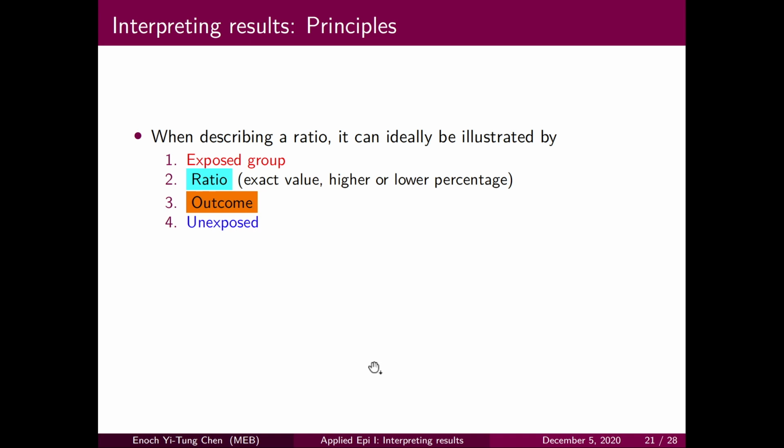I'm now going to tell you some principles that you can follow as you describe a ratio in a study. It could also be an instruction as you are reading or writing study results. Usually, there are 4 components: exposed group, ratio, outcome, unexposed.